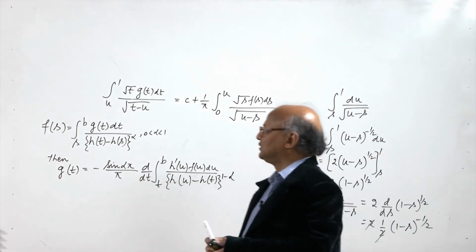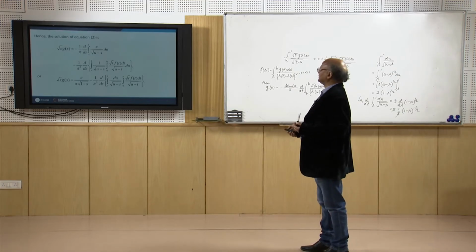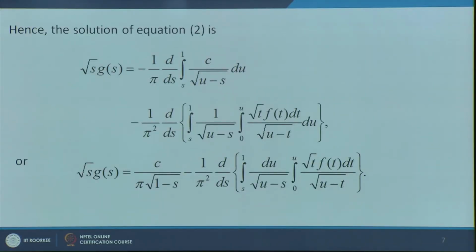So this is how we come here, c upon pi under root 1 minus s.